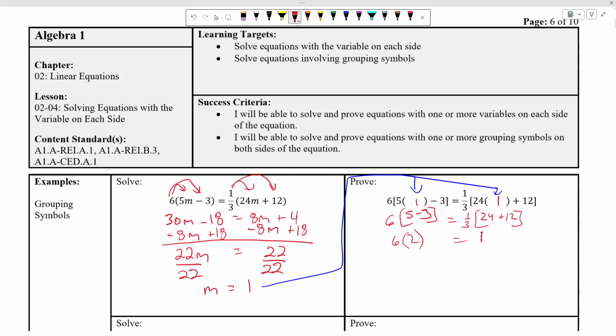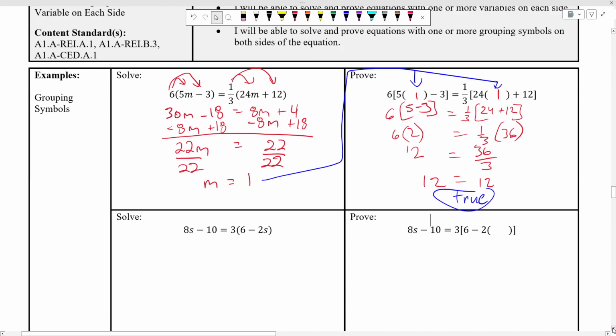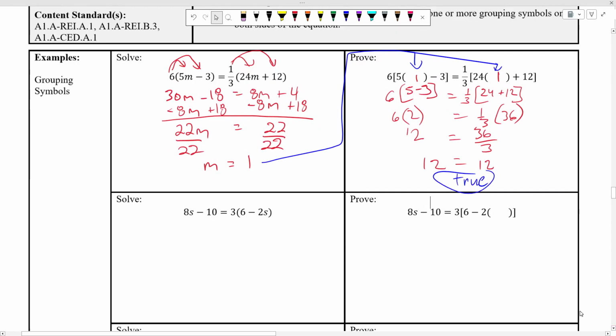This becomes 1/3 of 36. So this becomes 12. And 36 over 3, that becomes 12. So 12 equals 12. And that's true, guys. Bam. We are rocking and rolling here. We're rolling through. We're moving on, and we're getting this. I'm so glad that you are getting this.